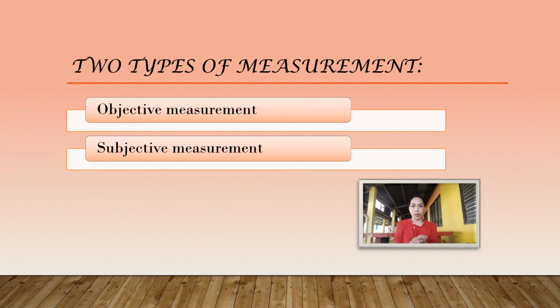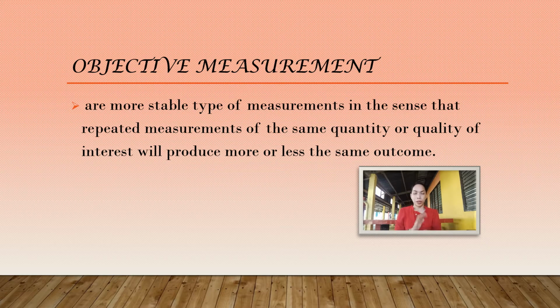Now we have two types of measurement. First is the objective measurement. Second is the subjective measurement. Objective measurements are more stable in the sense that repeated measurements of the quantity or the quality of interest will produce more or less the same outcome.